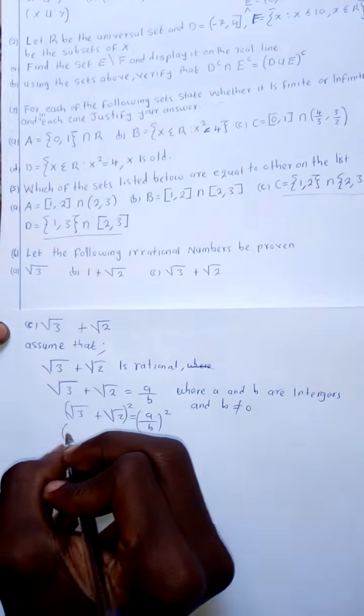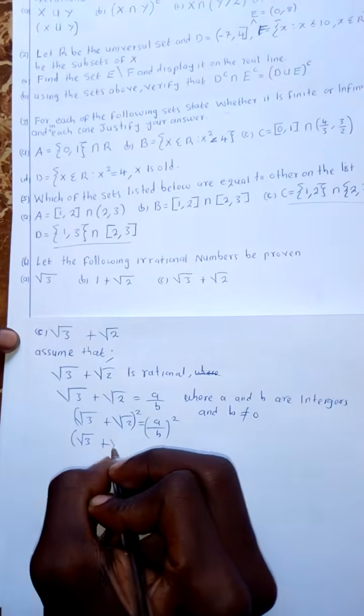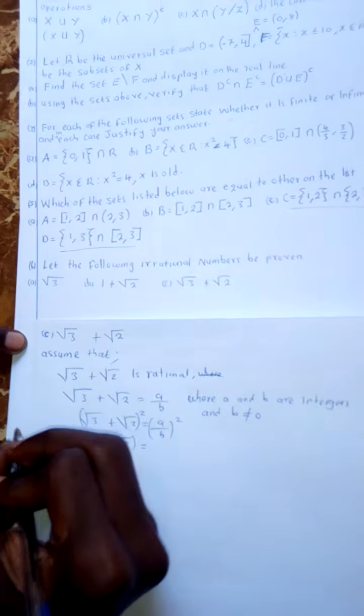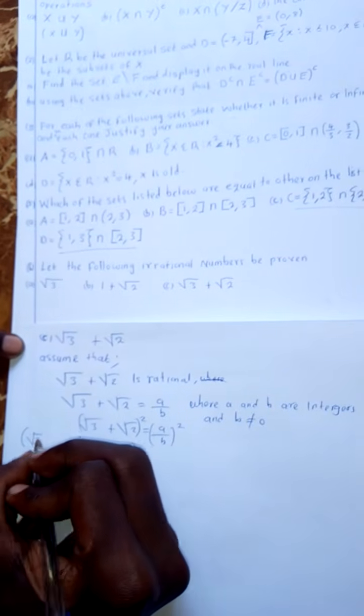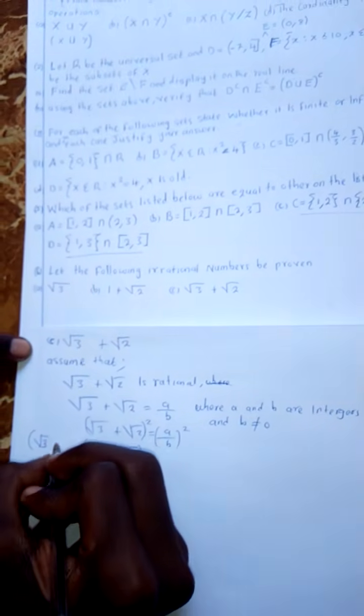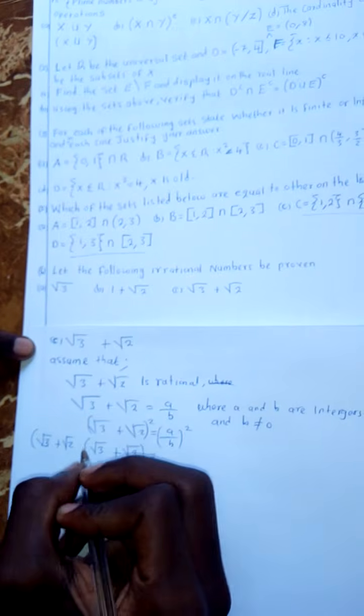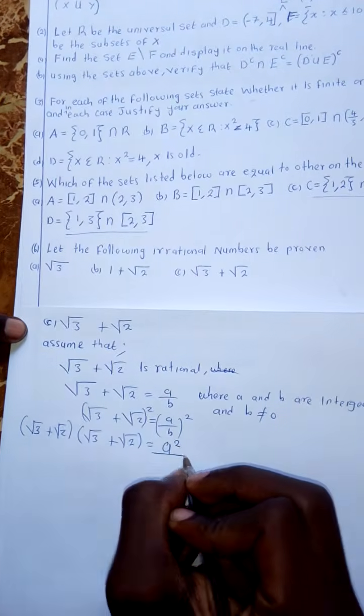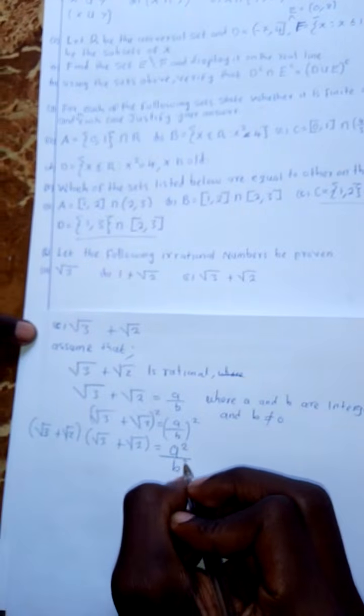Now, if you expand it like this, you're going to discover that you're going to have A to the power 2 over B to the power 2.